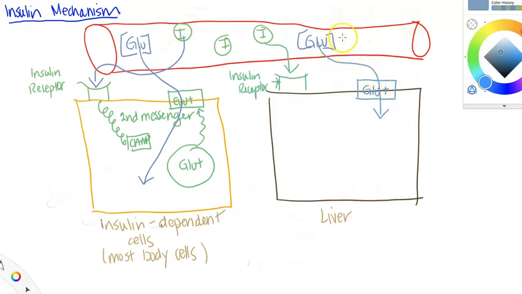So there's always more glucose in the blood than's coming into the cell. But at some point, the cell will fill up with glucose, and then it will stop allowing glucose in. It'll fill up and stop. New glucose will stop coming in.